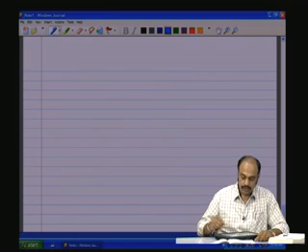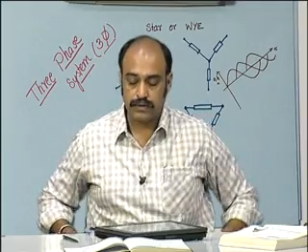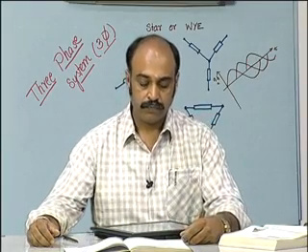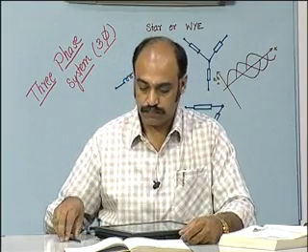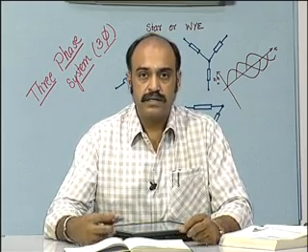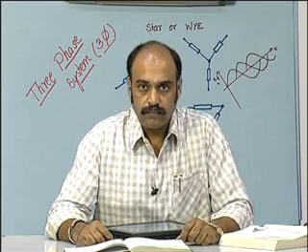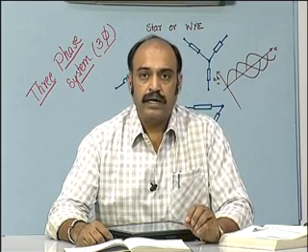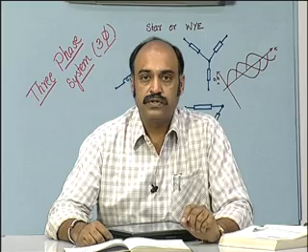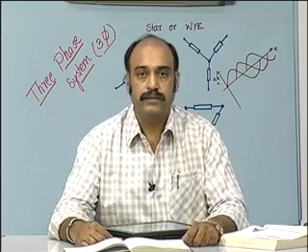So, this is about the basic concepts of the 3-phase systems we have been discussing. They consist of essentially 3 sources, and 2 important constraints are applied to these 3 sources.